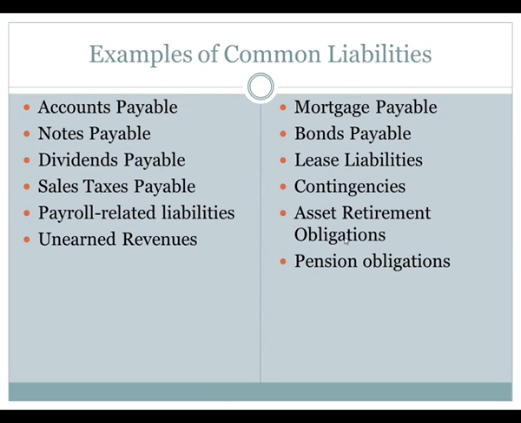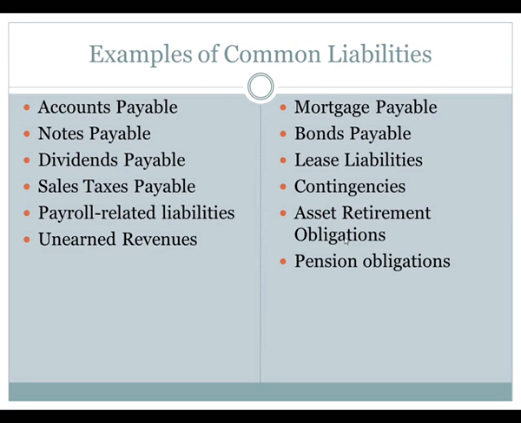Other types of liabilities that we would commonly expect to see on a balance sheet: sales taxes payable, payroll-related liabilities like FICA withholding and income tax withholding and so on, that we withhold from our employees' paychecks and then subsequently turn around and remit those to the relevant government authorities.